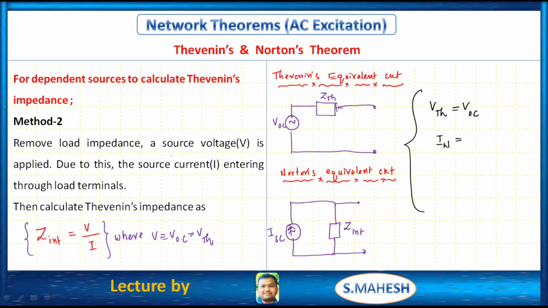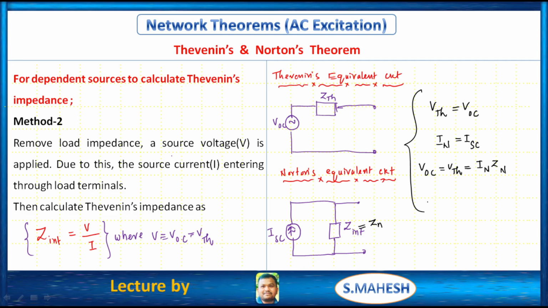Norton's current is the short circuit current. VOC, which equals VTH, equals the multiplication of Norton's current and Norton's impedance.